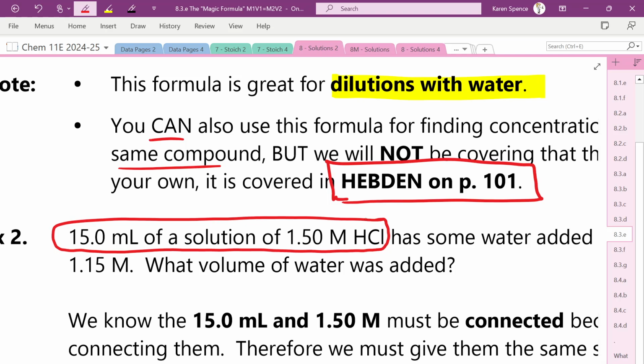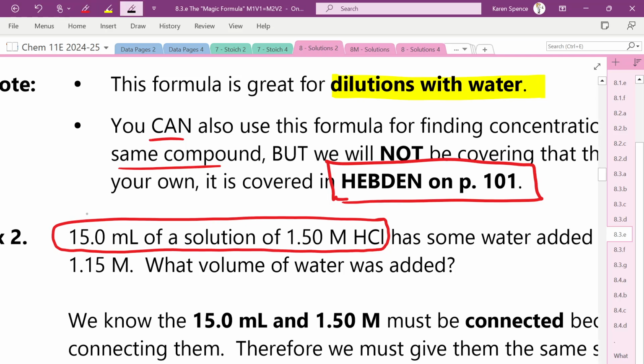So those are going to be either a 1 or a 2. And quite frankly, it doesn't matter whether you call it 1 or whether you call it 2, as long as they go together. They both have to be 1 or they both have to be 2. Now, I'm going to call them 1 because it has some water added to it, and then later we have something else. But like I said, it doesn't actually matter.